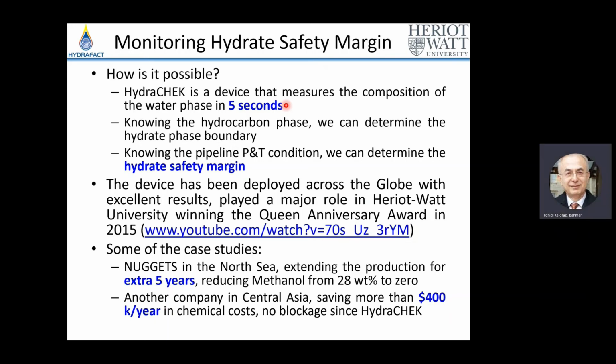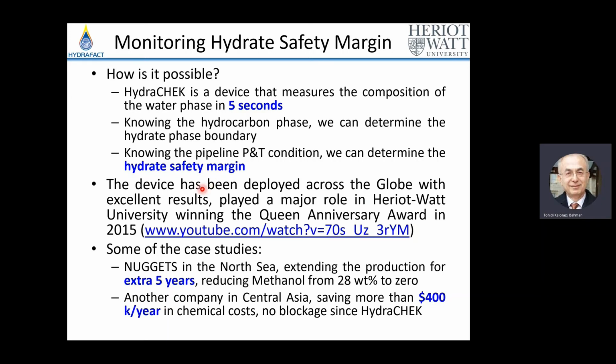It is a vessel, 100 cc sample, and within 5 seconds, pressing a button will give you the amount of water, amount of salt, and amount of chemical inhibitor. And then, knowing the hydrocarbon composition, you can determine the hydrate phase boundary. And knowing the pipeline pressure and temperature condition, we can determine the hydrate safety margin.